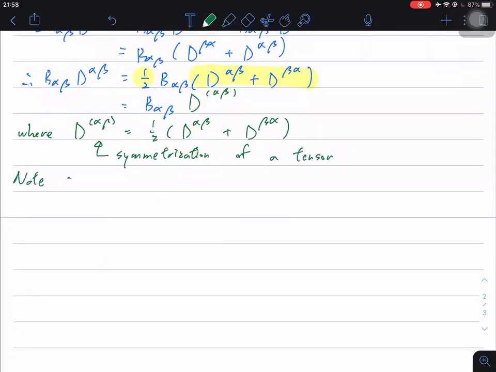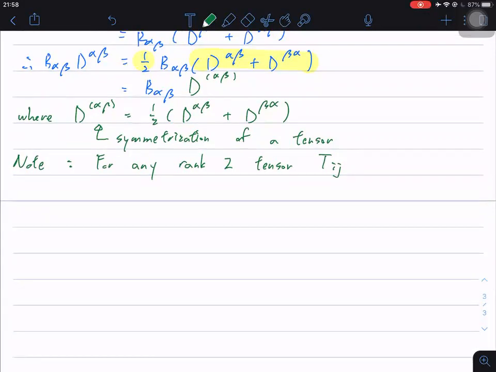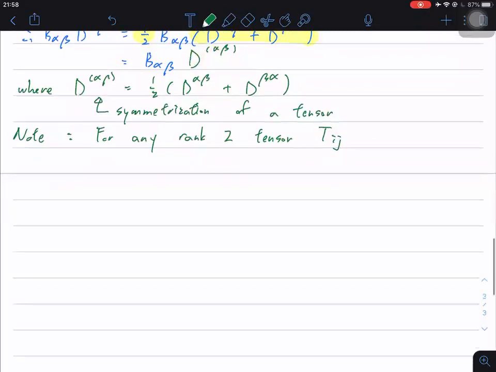So note that for any rank 2 tensor, let's say T_ij, it doesn't matter whether they're covariant or contravariant, whether they're upper indices or lower indices. As long as they are a rank 2 tensor, you can always split the rank 2 tensor into 2 parts.